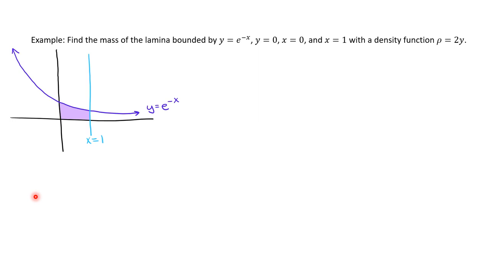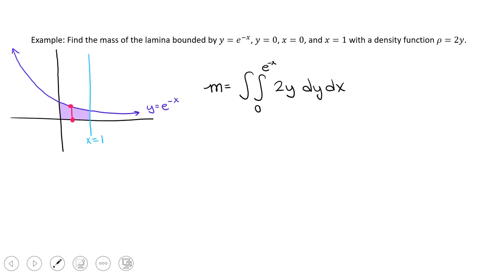Okay, so what we're going to do then is integrate our density function over this region I've drawn. So I'm integrating my density function, which is 2y, and I'm going to choose to set this up with the dy first and then the dx. So the y values in this object always start at y equals 0 and always stop on that exponential function.